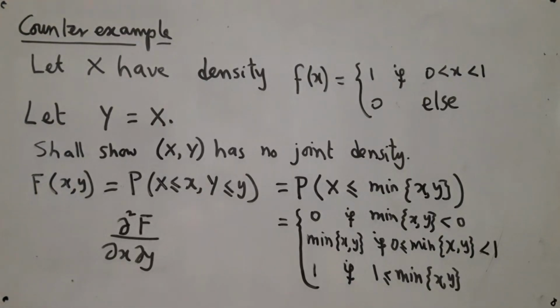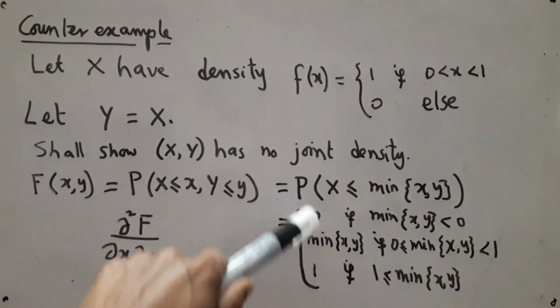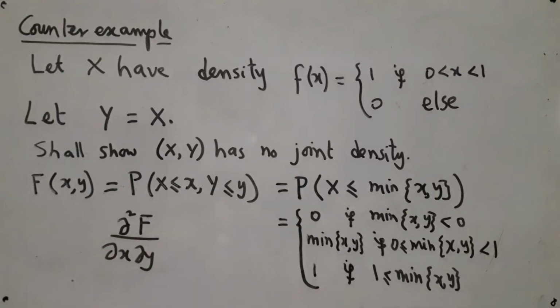We know that if a joint density exists, this has to be the joint density. So we shall show that this will not be a density function. And immediately we can guarantee that no density can exist. To simplify our computation, we shall denote this thing in a more pictorial way.